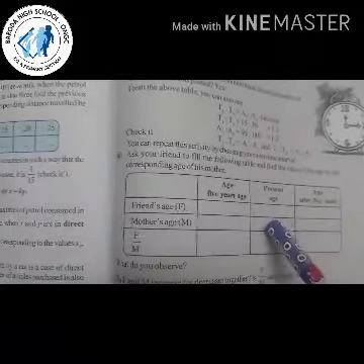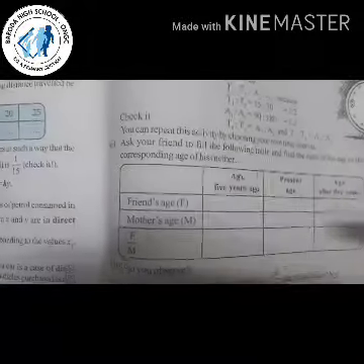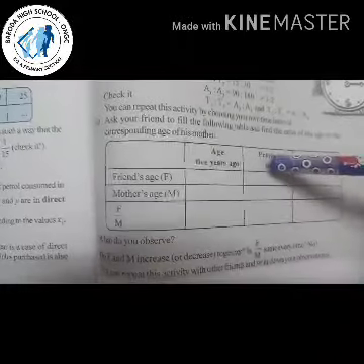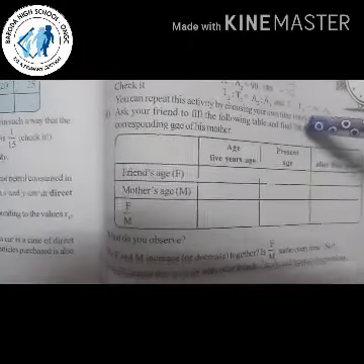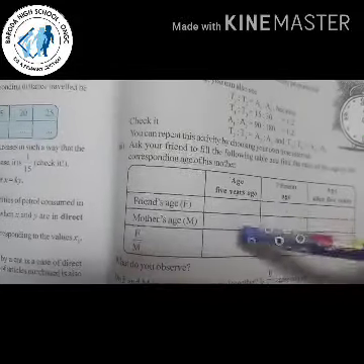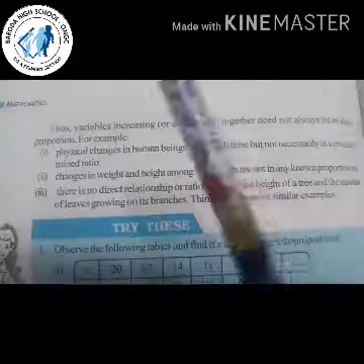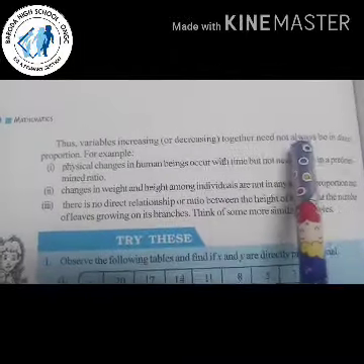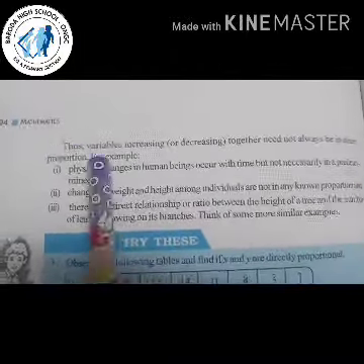Do this practically and you will be convinced that the ratio is not same. So it does not mean that if there is increase in the quantity, they are in direct proportion. We have to check the increasing ratio or decreasing together need not be always in direct proportion.